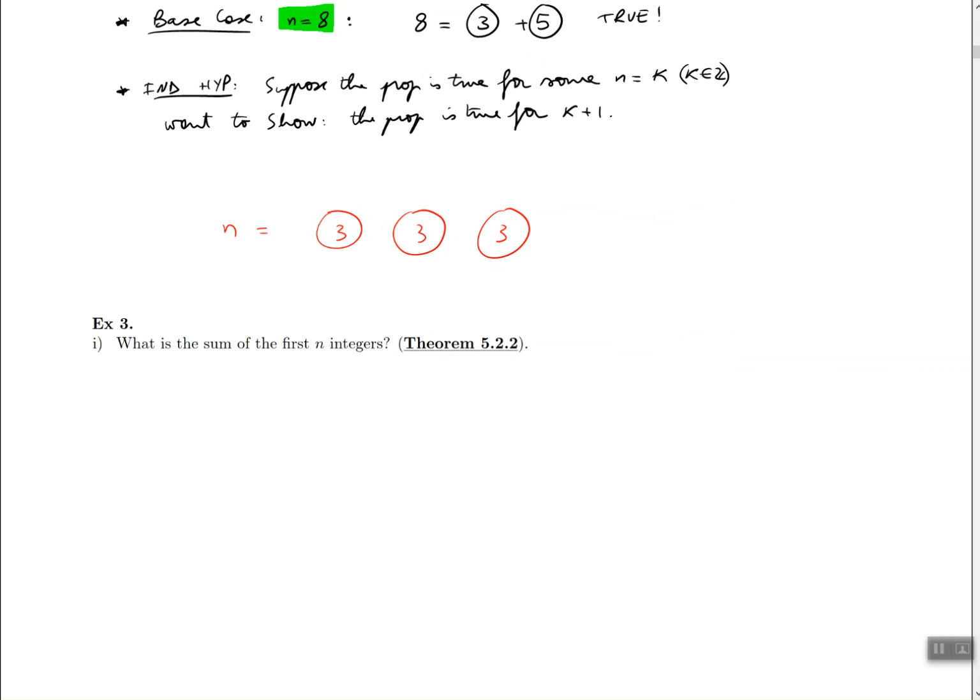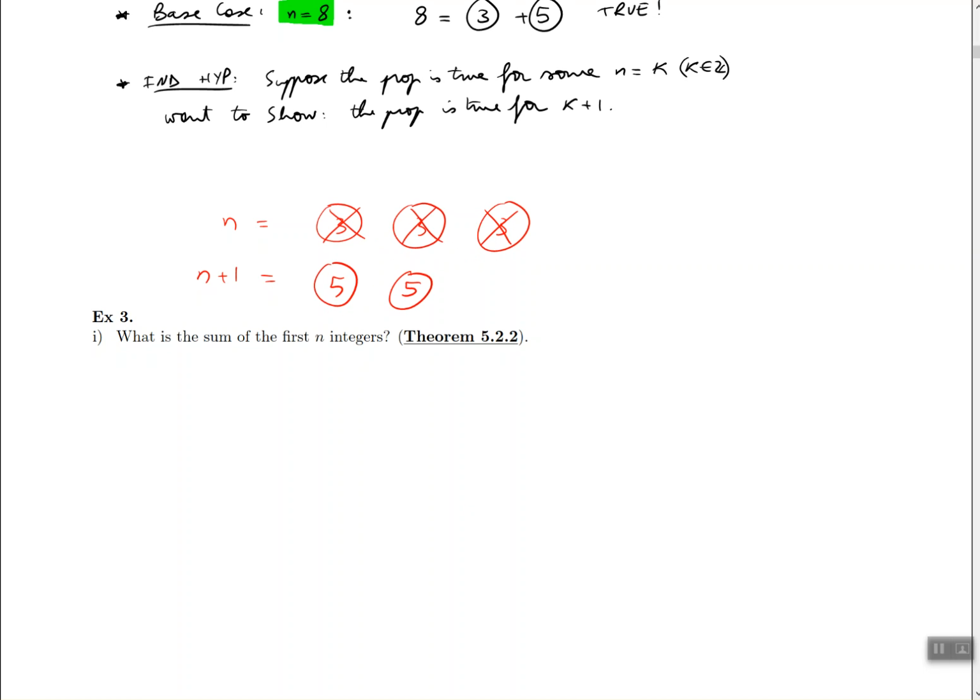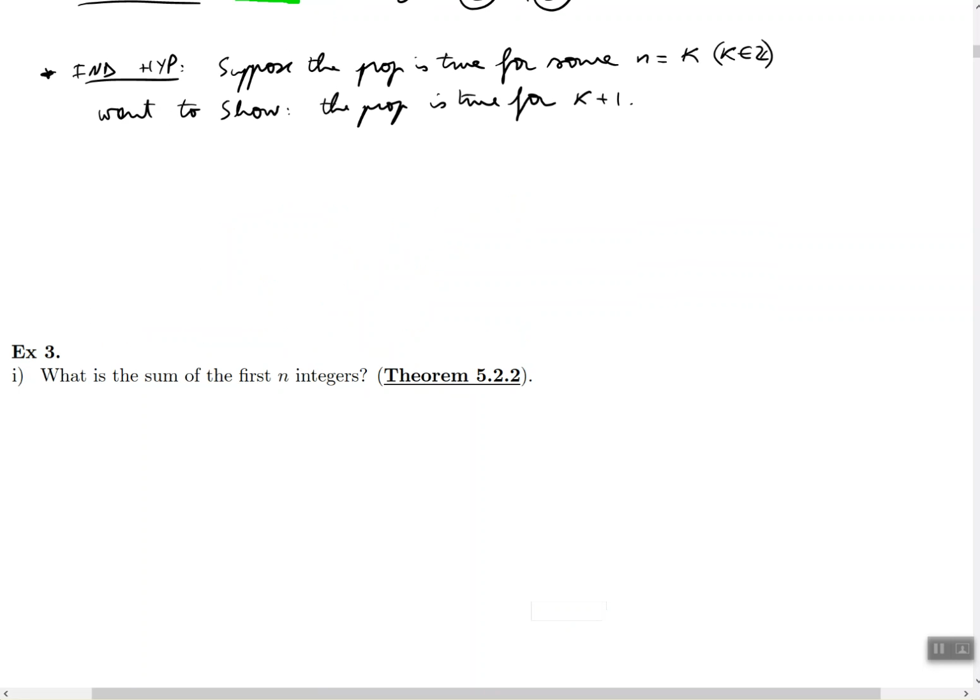So in this case, to get to n plus 1, you erase the 3 3-cent coins and replace them with 2 5-cent coins. This is what the book is trying to tell you to do. If you read this already, that's the idea of the proof. So I'm going to write this down in my own language, but that's the idea.